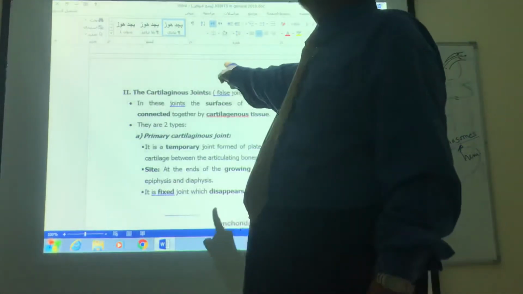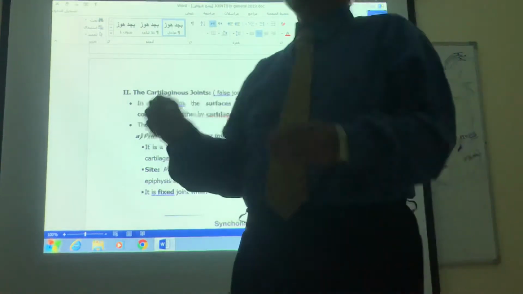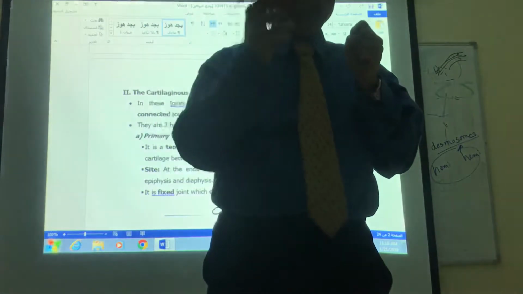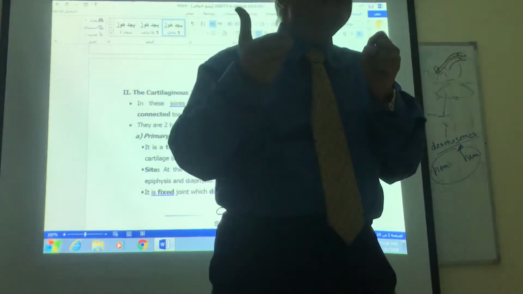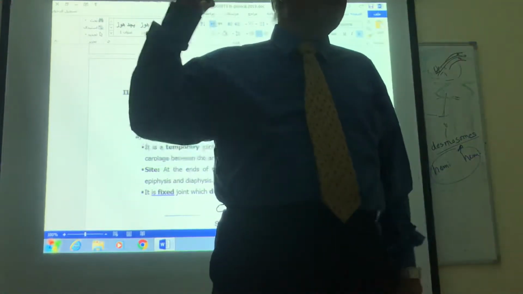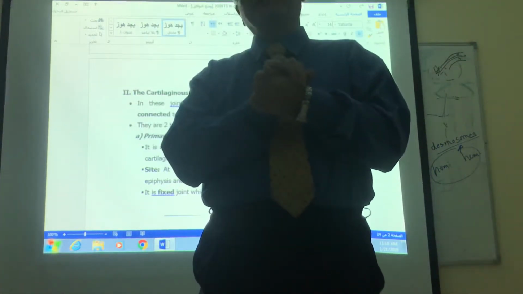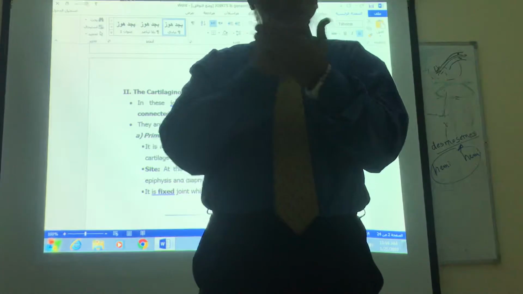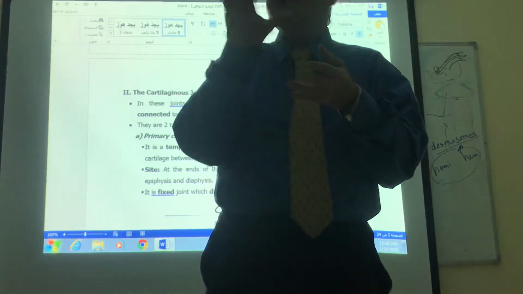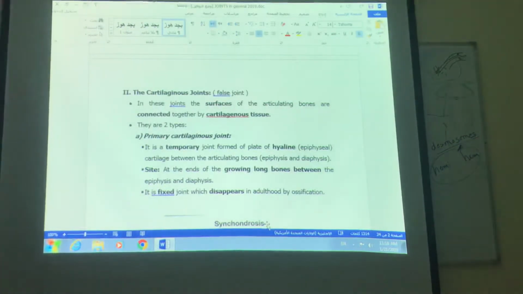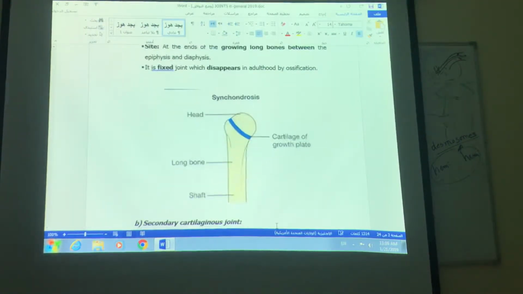Therefore, it is called cartilaginous joint, which allows no movement or very, very limited movement. Therefore, cartilaginous joint is a false joint because there is no movement or limited movement. The cartilaginous joint may be primary or secondary.